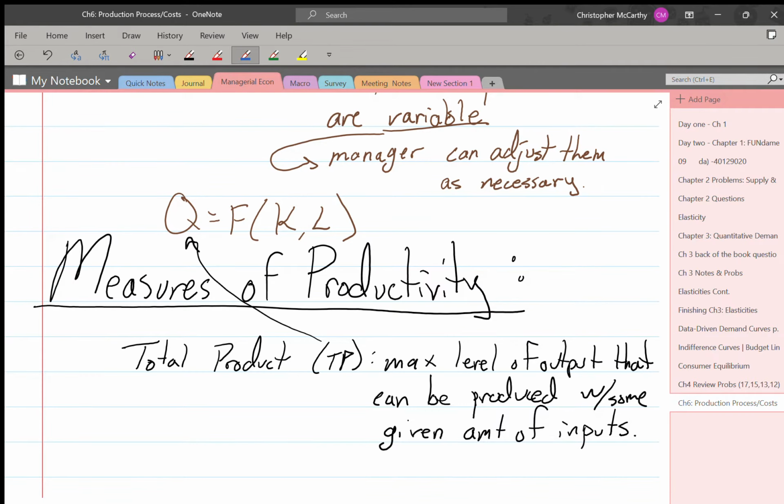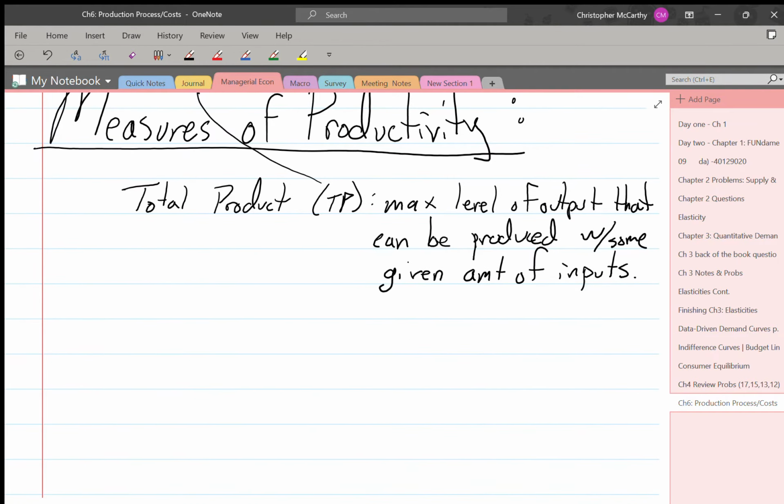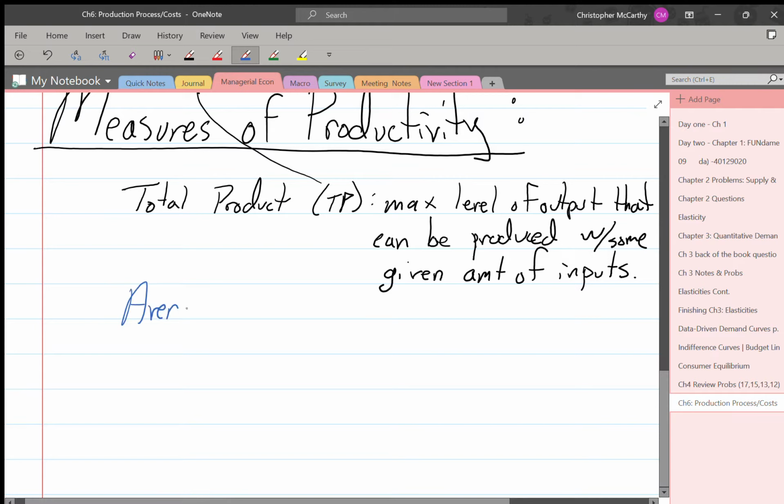What about average product? When we see average, essentially the hack there is whatever the next thing is after average, we're going to take that thing and divide it by some unit. We're going to have two different kinds, actually. The first one is the average product of labor, which is equal to my quantity divided by my number of laborers.